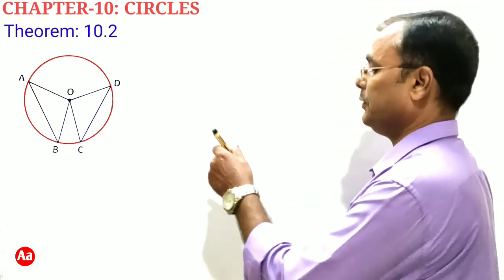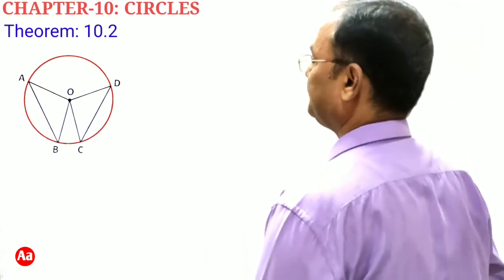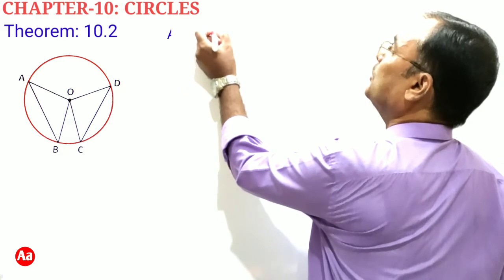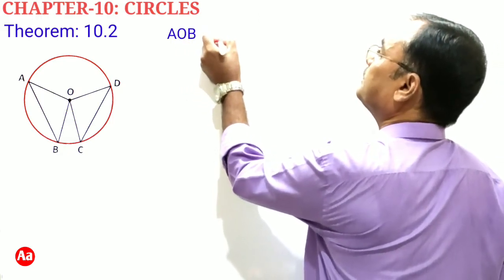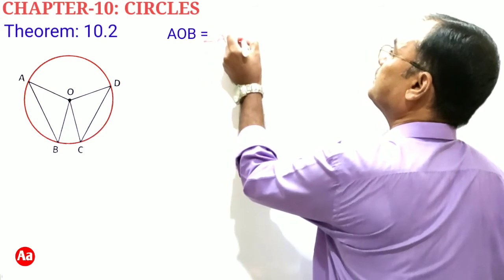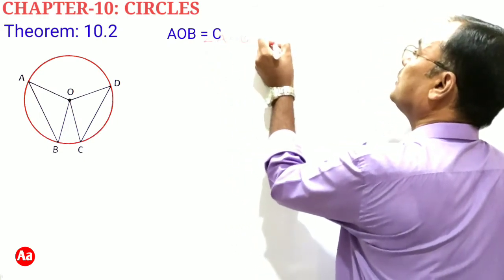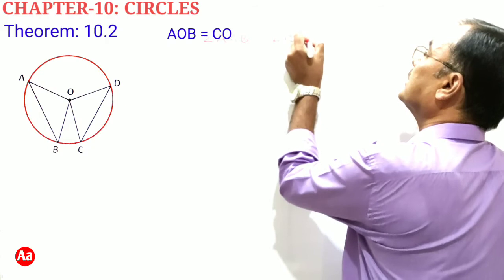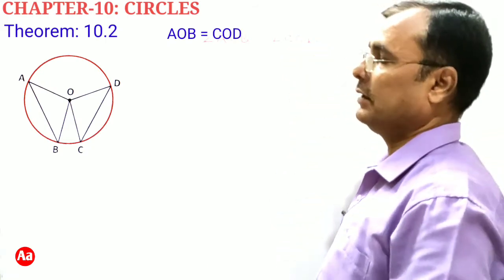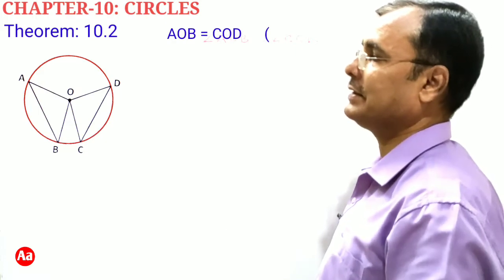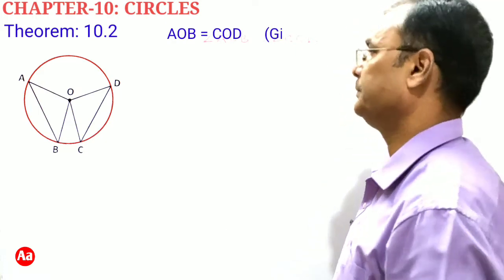So in this figure we are given that angle AOB is equal to angle COD, and we are going to prove that chords AB and CD are equal.